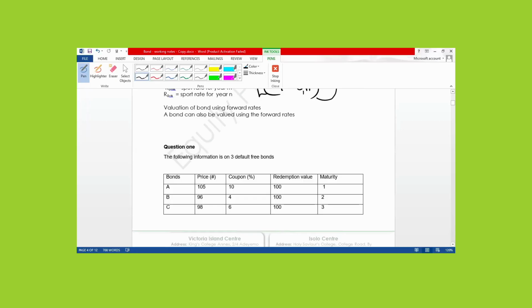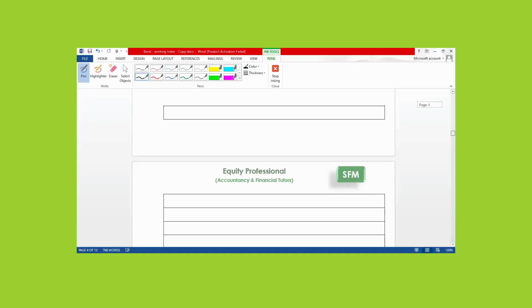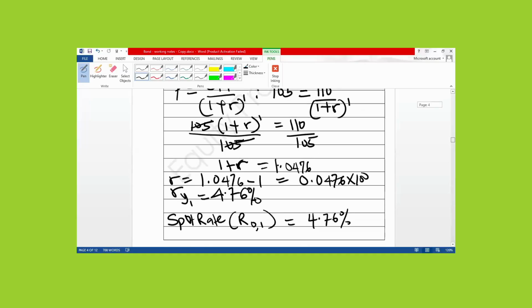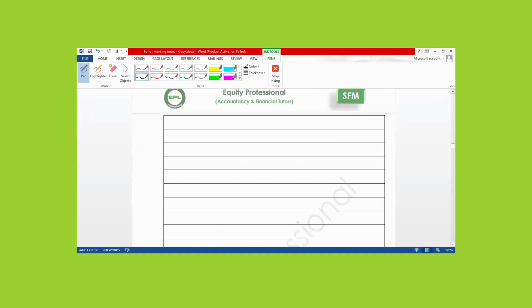Now return here. Bond B. Maturity, 2 years.